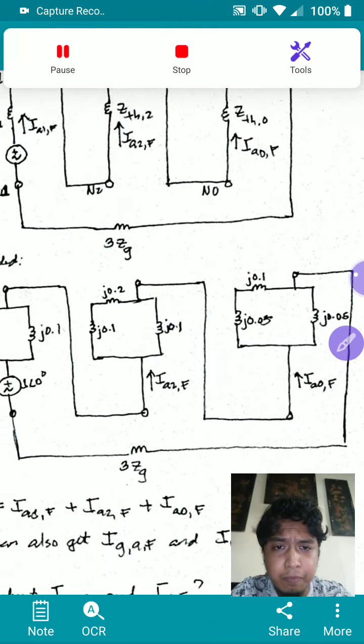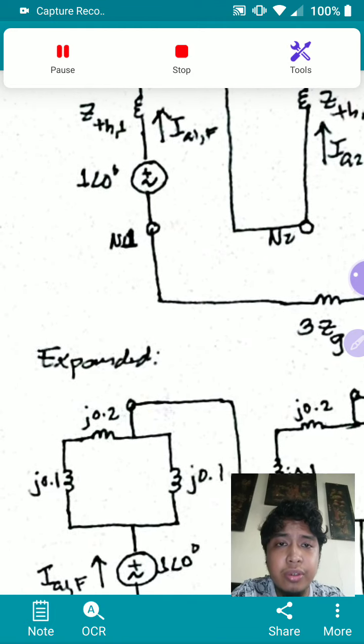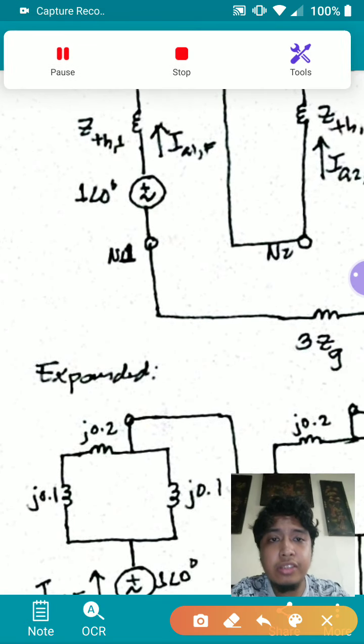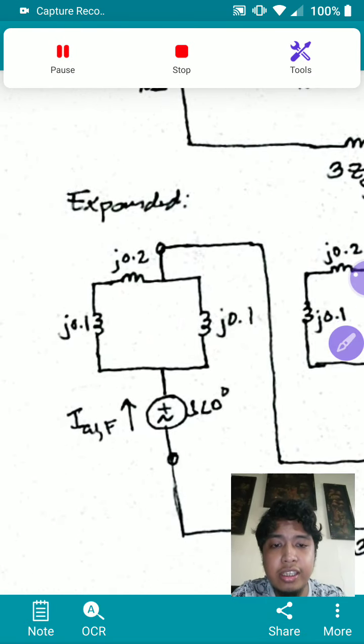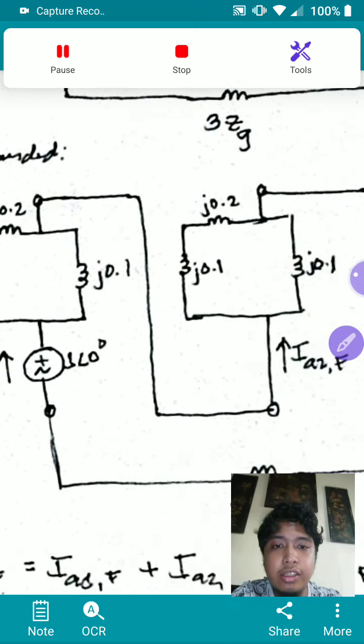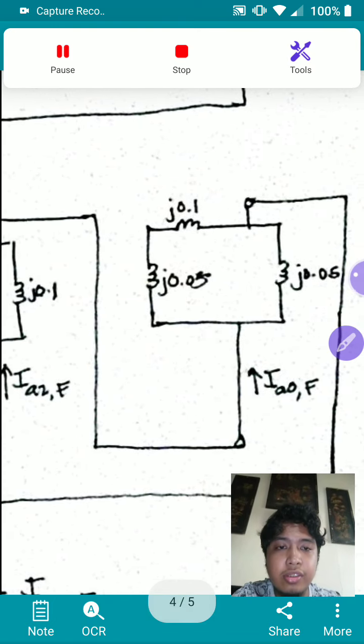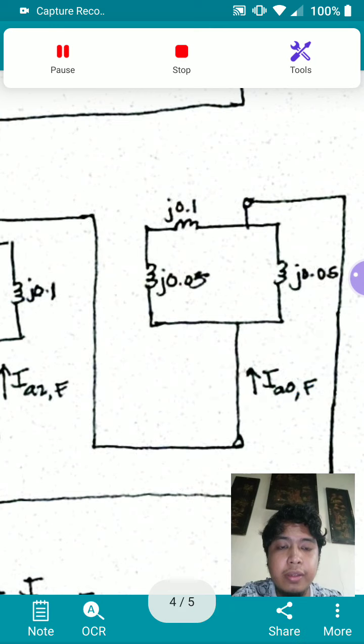And then from here you can get IA1. This is IA1 here, so that's basically this current here. IA2 is this current here. IA0 is this current here.